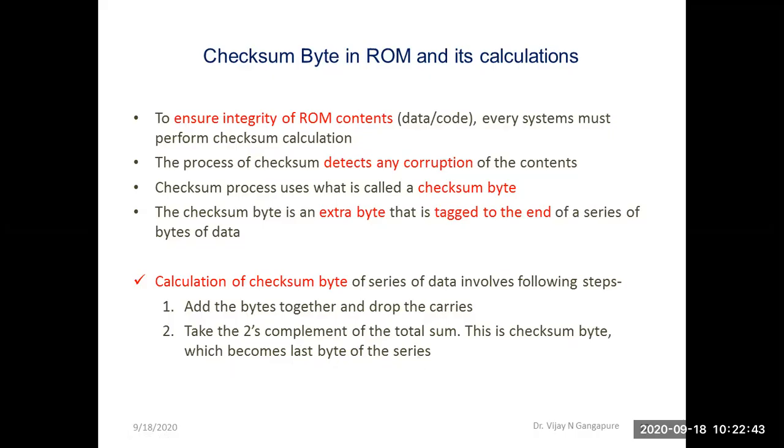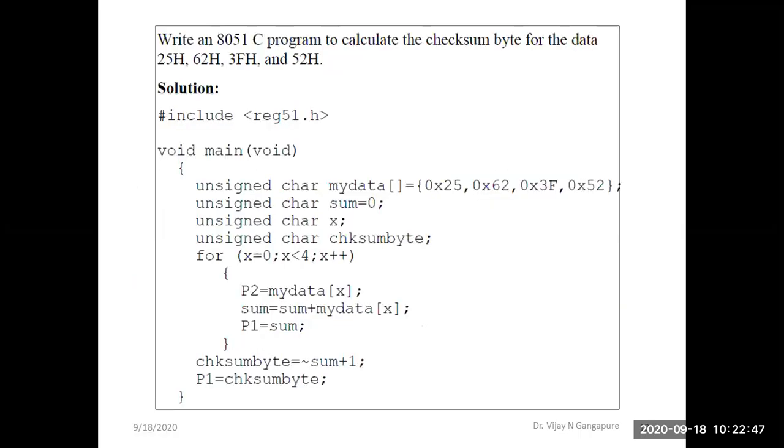Now we will write a program that will calculate the checksum byte, just for illustration. The statement is: write an 8051 C program to calculate the checksum byte for the data 25, 62, 3F and 52. Just for experimentation we have only four bytes here.